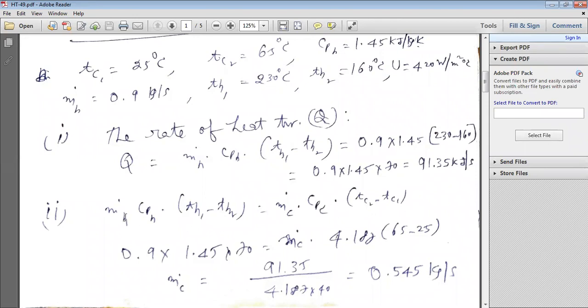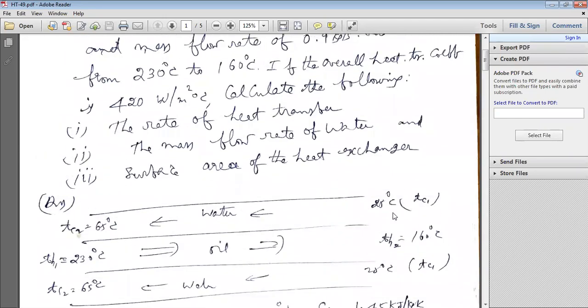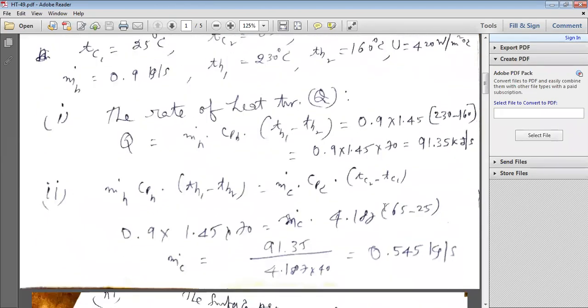That is m dot h, cph into TH1 minus TH2, equal to m dot c, cpc into TC2 minus TC1.